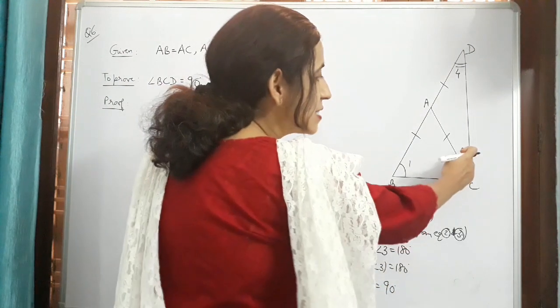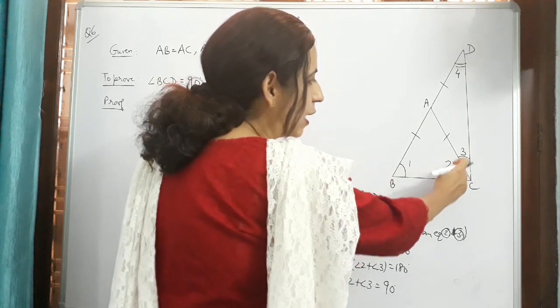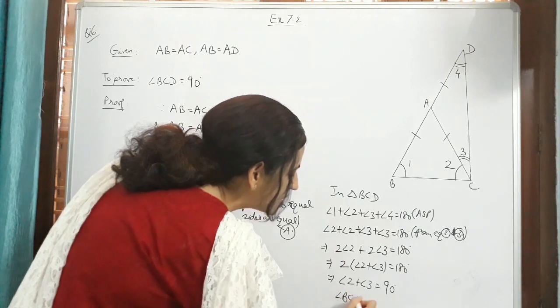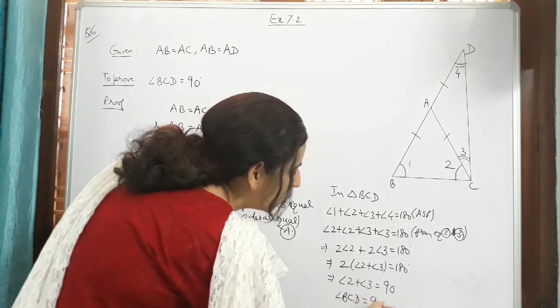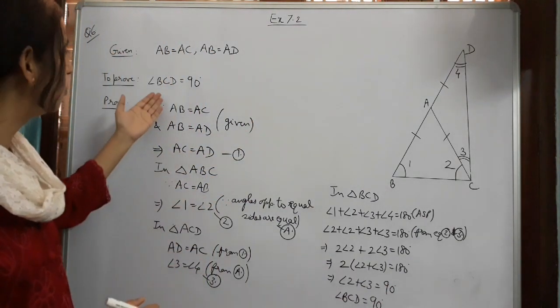So angle 2 plus angle 3 is of measure 90 degrees. But from the figure, what is angle 2 plus angle 3? It is angle BCD, equal to 90 degrees. And this is what we had to prove.